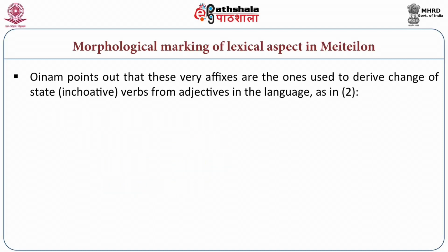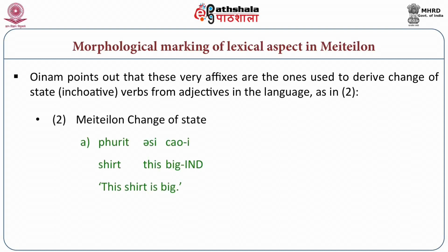Oinam points out that these very affixes are also the ones used to derive change of state verbs, inchoative verbs, from adjectives. So in an adjectival predication like big, the root big is chow. When there is the shirt has become bigger, then you say chow thak, which is big plus out.